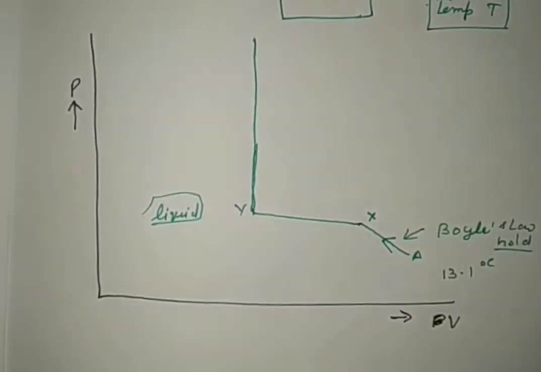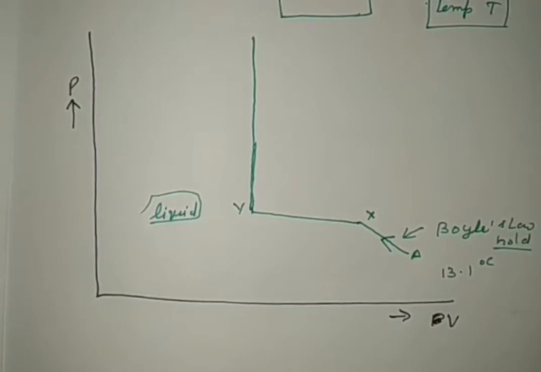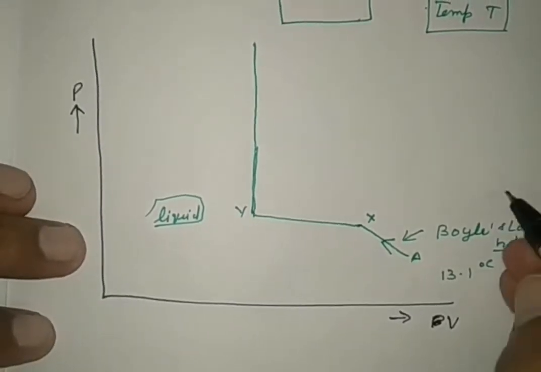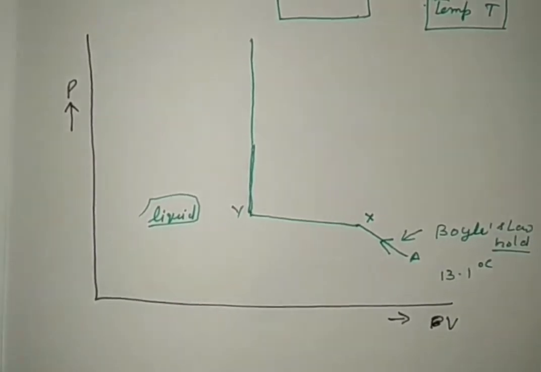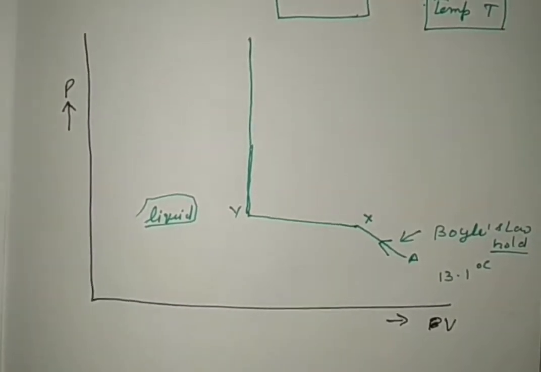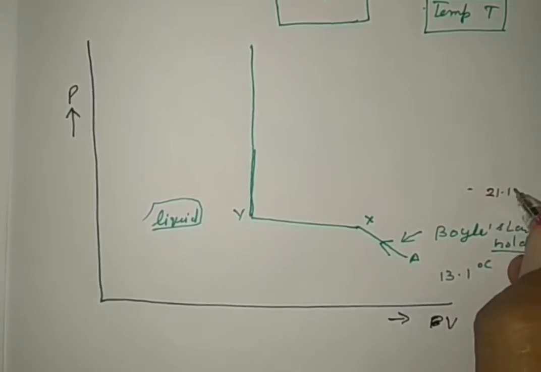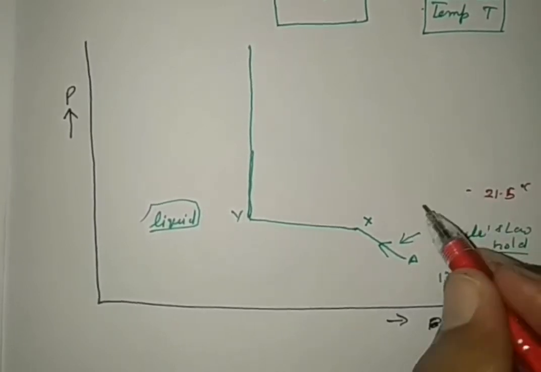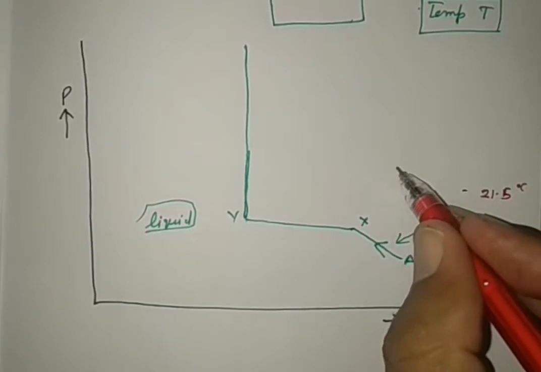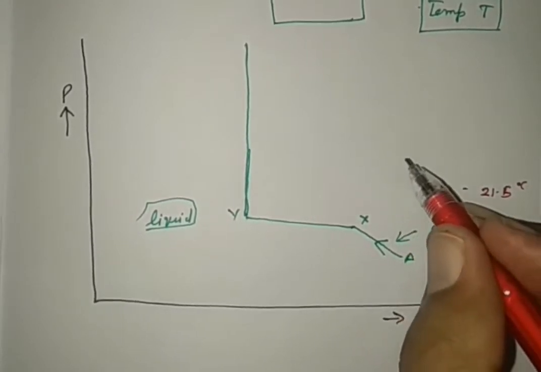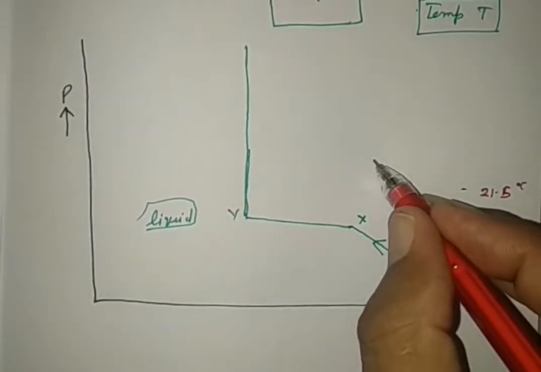If we do the same experiment at a different constant temperature, this is given by the red color, at 21.5 degrees Celsius, the same kind of graph is obtained.